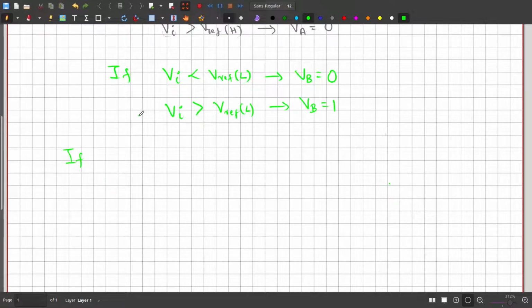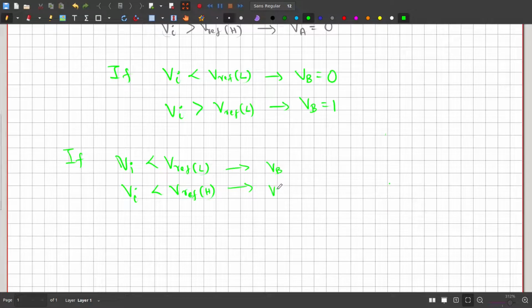At the moment the input is given, Vi is less than both V ref of L and V ref of H. Let's examine Vb and Va.